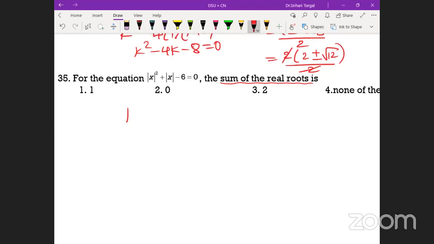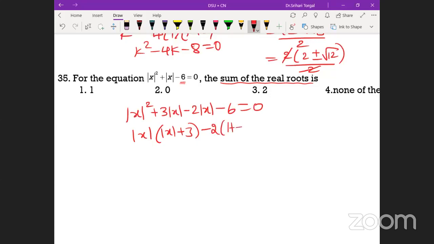Let me take it like this. Mod x square plus mod x minus 6. Write it as 3 times mod x minus 2 times mod x minus 6 equal to 0. If I take mod x common, mod x plus 3; if I take minus 2 common, mod x plus 3. Mod x minus 2 equal to 0, mod x plus 3 equal to 0. Mod x is equal to 2.